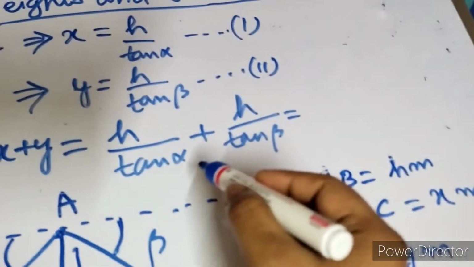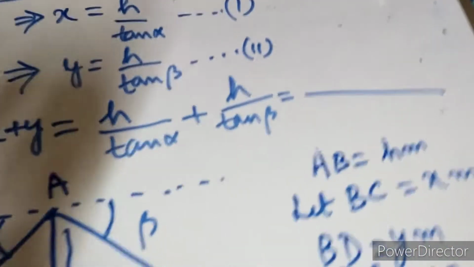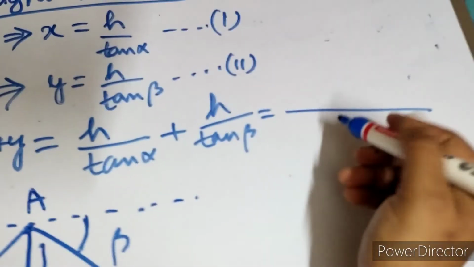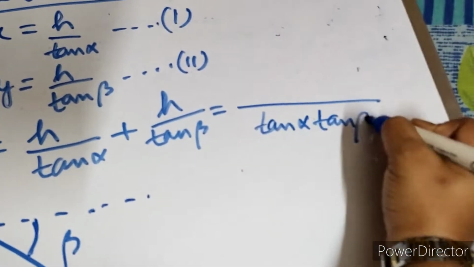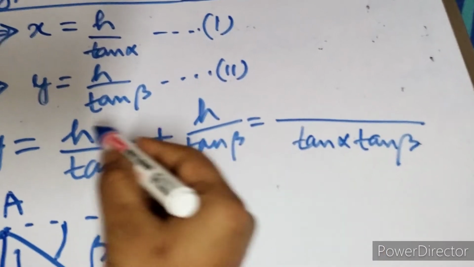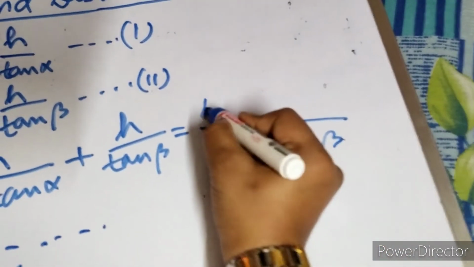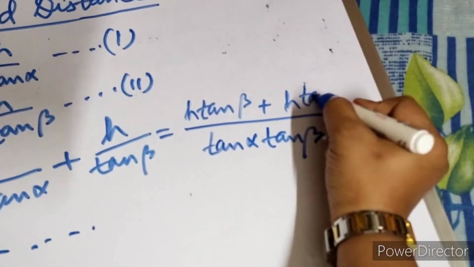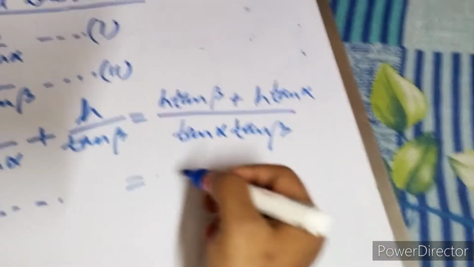So here the LCM is tan alpha and tan beta. Let me erase this part. We get H tan beta plus H tan alpha. You can already see our answer is coming, which we are required to prove.